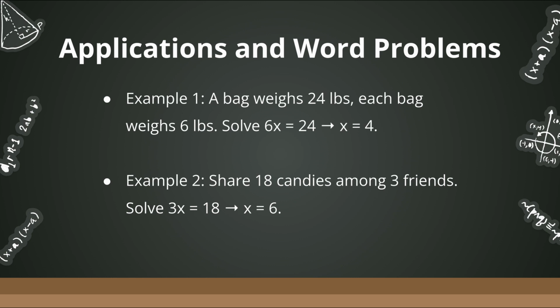First, let's translate this problem into an equation. Since each bag weighs 6 pounds and 24 is our total weight, we can write 6x equals 24. Then we divide both sides by 6, which gives us x equals positive 4. So there are 4 bags.